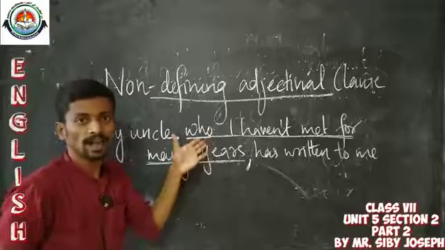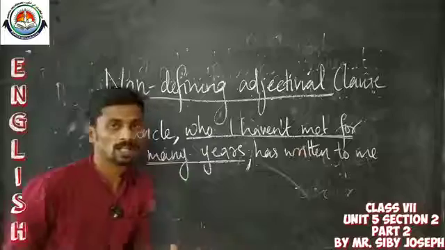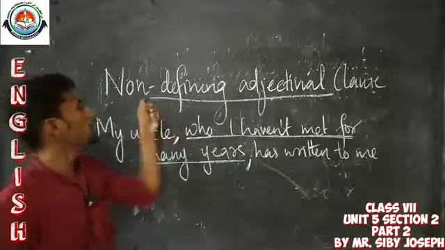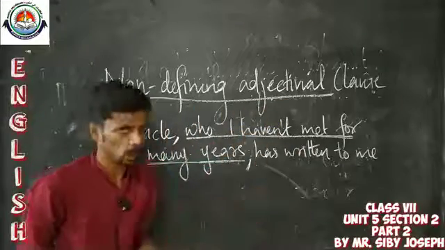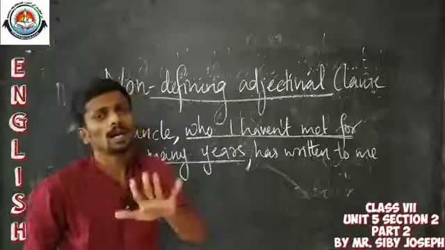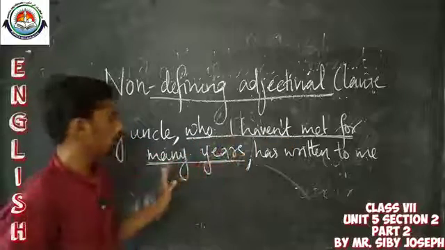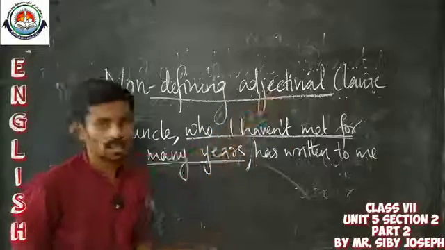It is not defining who the subject is. Instead, it gives some additional information. Anyway, we had a detailed discussion in the last class, so I hope that you are very well versed with this topic. Who I haven't met for many years is the adjectival clause.